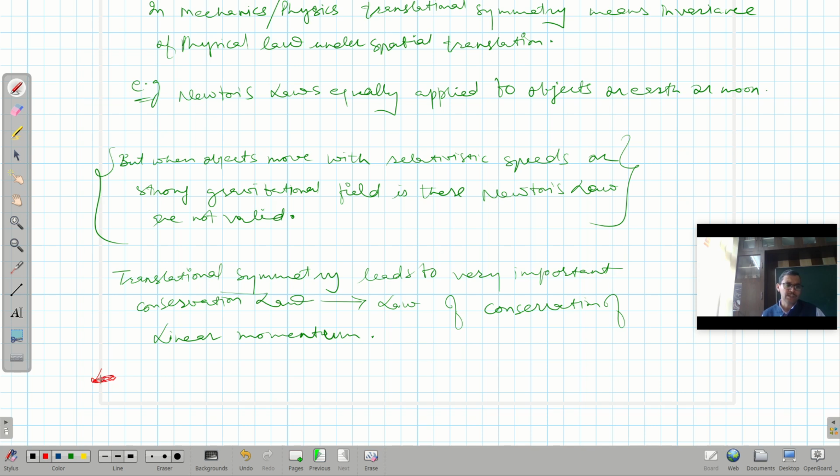I will talk about that later on. The law of conservation of linear momentum is a consequence of translational symmetry. So in later lectures I will derive how translational symmetry leads to the conservation of linear momentum.